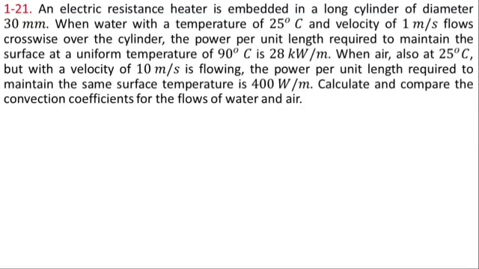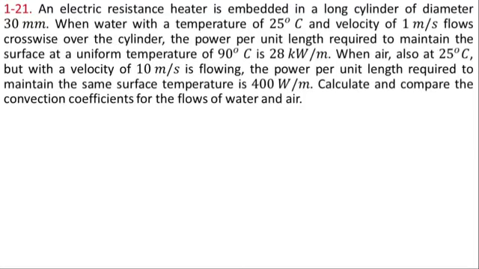In first case, water is flowing over the cylinder, and in second case, air is flowing over the cylinder. When water having temperature of 25 degrees centigrade and velocity 1 meter per second flows over the cylinder, the temperature of the cylinder is 90 degrees centigrade.